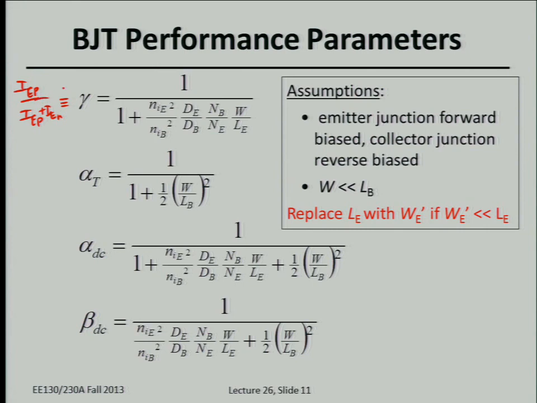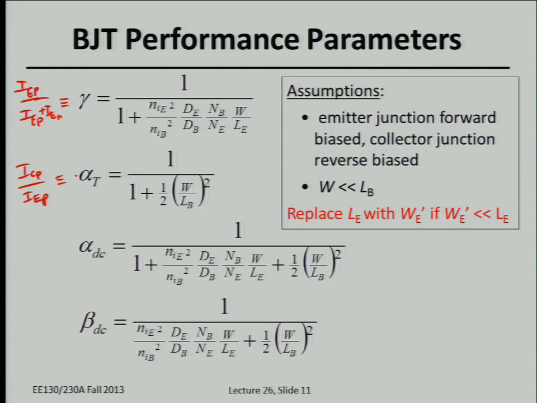That's the emitter efficiency. The transport factor is ICP over IEP. If you take all those expressions on the previous slides, assuming that the base is very narrow, you can arrive at these relatively compact formulas for the emitter injection efficiency, the base transport factor, and therefore the current gain.